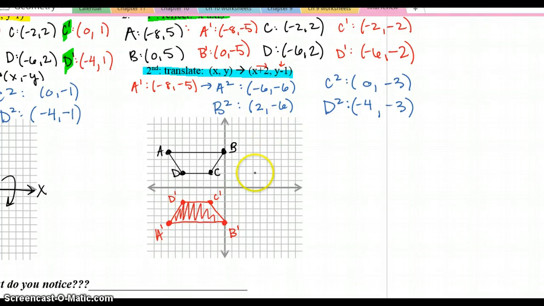A2 is at negative 6, negative 6. B2 is at 2, negative 6. C2 is at 0, negative 3. And D2 is at negative 4, negative 3. So here in blue is my translated image.